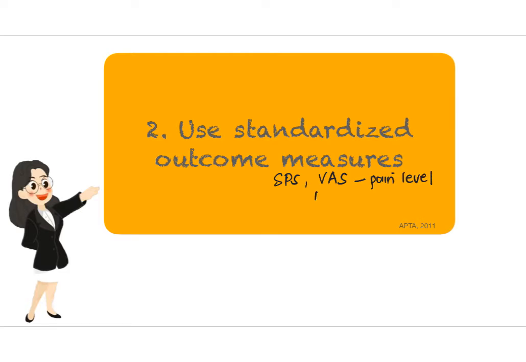What else? MMT is actually a standardized outcome measure tool in measuring muscle strength. The different questionnaires that we use in our assessment, like the IPAQ, for instance. This one measures the level of physical activity.